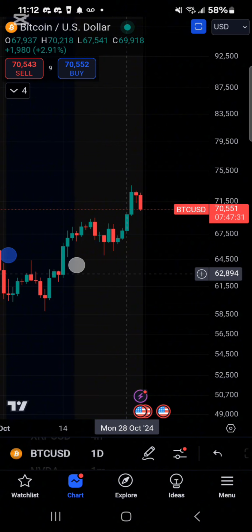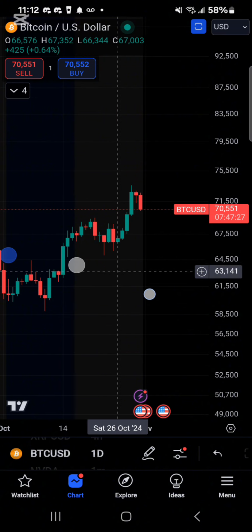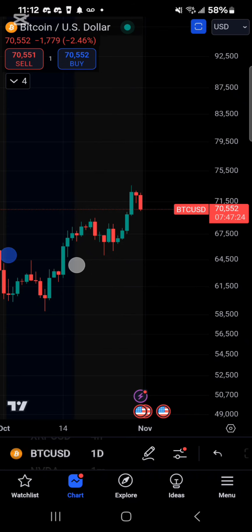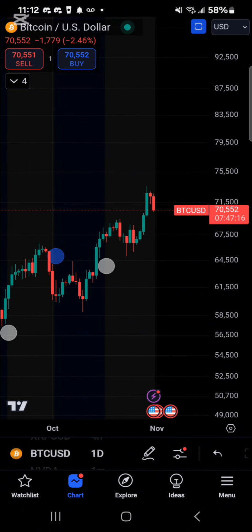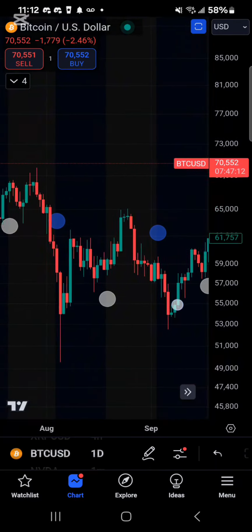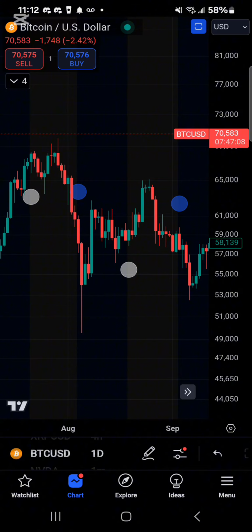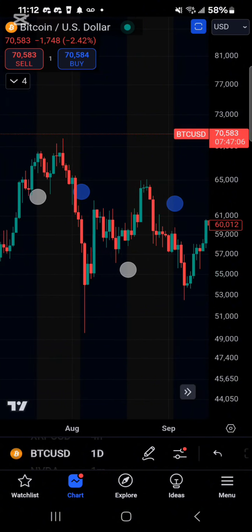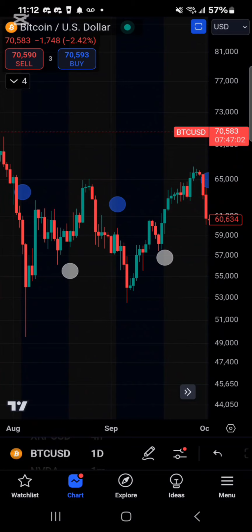Where was it at? 62, now it's come down today, but it went to a high of 73. So it juiced up 13,000 from a full moon, and now that we're approaching a new moon, it's going to come back down on its way down. So crashes happen. I wouldn't say crashes, but declines happen on a new moon. In this crypto, look at this. 95% of the time, it goes up on a full moon, and here, completely comes down on a new moon. Like, what in the world?